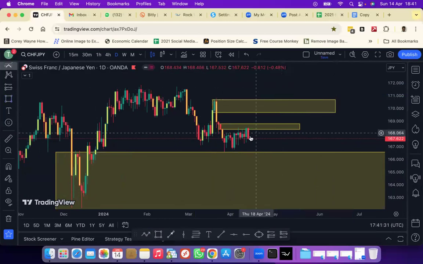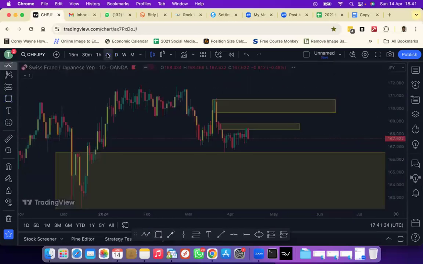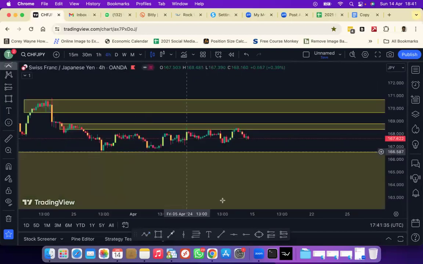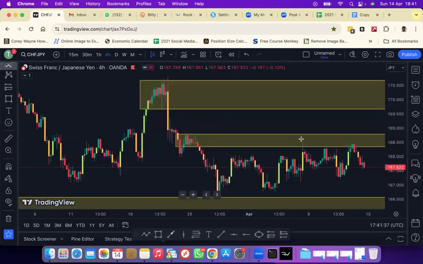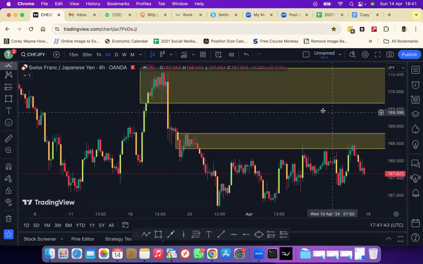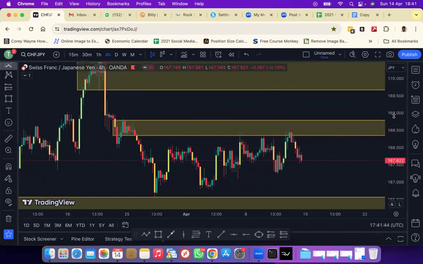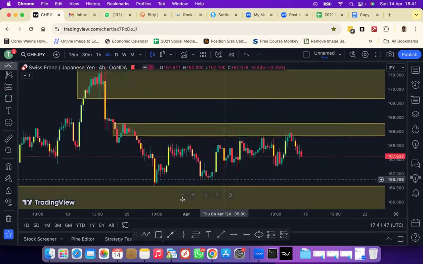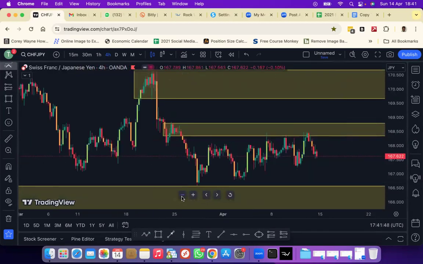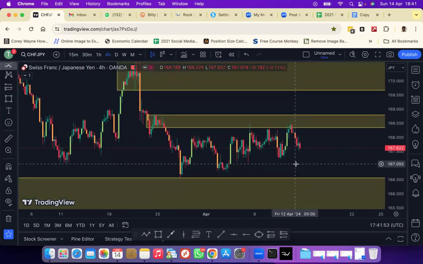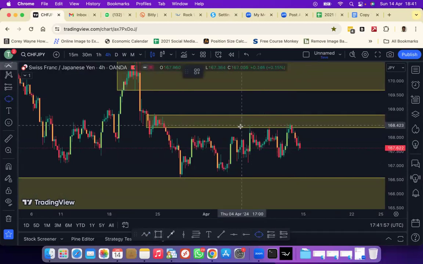Let's go to the 4-hour time frame. So let's see what we can do with CHFJPY this week. Price is in a supply zone already. You see that price has already started moving from here.